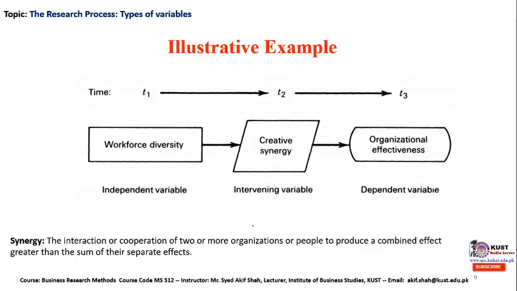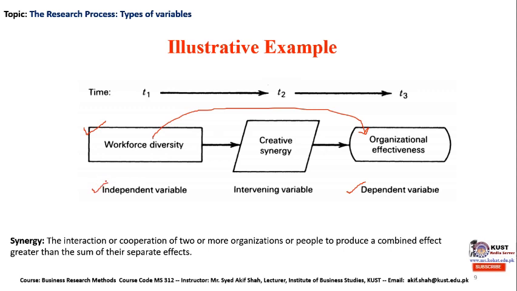Let us explain the intervening or mediating variable with the help of an illustrative example that we started in our previous case, where we explained the moderating variable. We have once again the same workforce diversity, and it has a certain nexus with organizational effectiveness, which is our dependent variable.